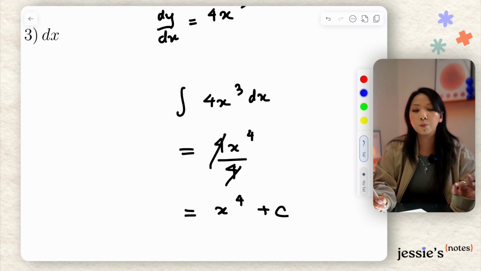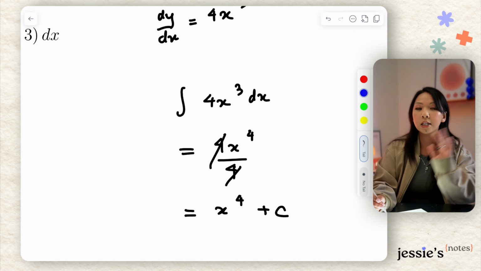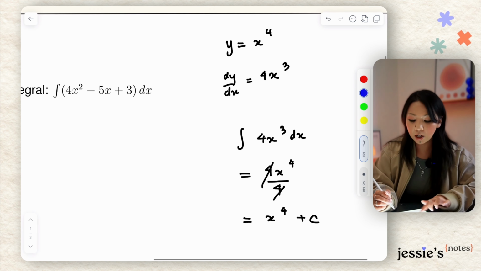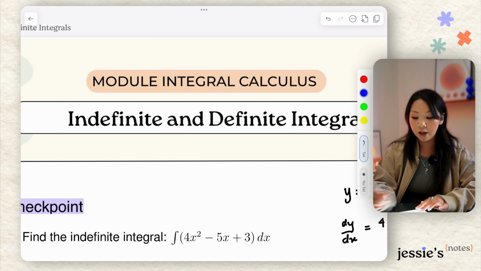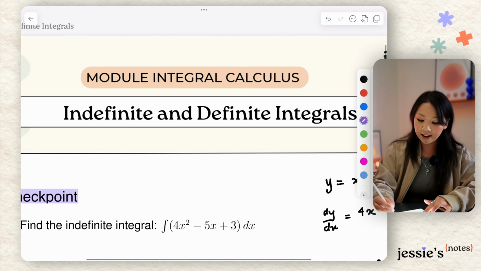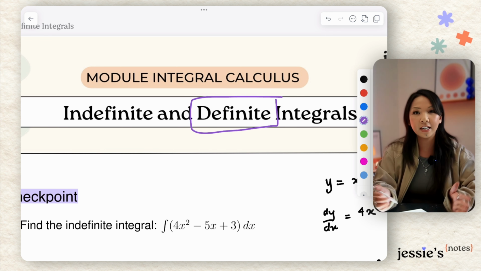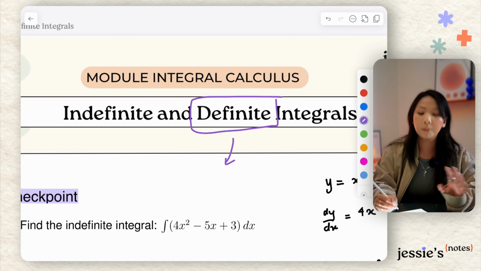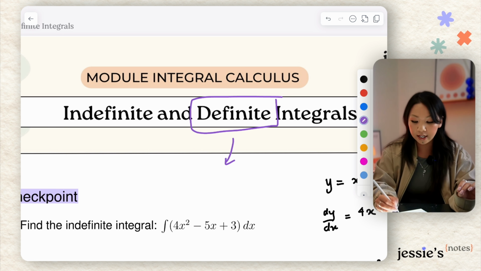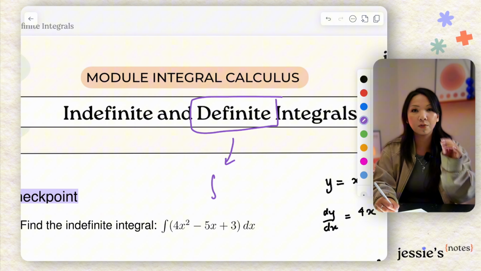Now, when you know whether to do a plus c or not depends on whether it is an indefinite or a definite integral. So let's start off with a definite integral, it's definitely going to give you an answer. And whether something definitely gives you an answer or not is if there are values for your limits.